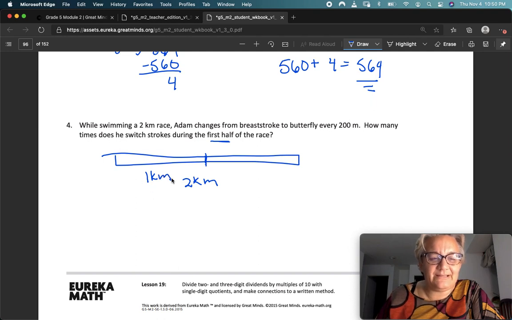And now I want to convert kilometers to meters to help me figure out how many meters are in here. So I know that 1 kilometer equals 1,000 meters. Okay, so let's see.